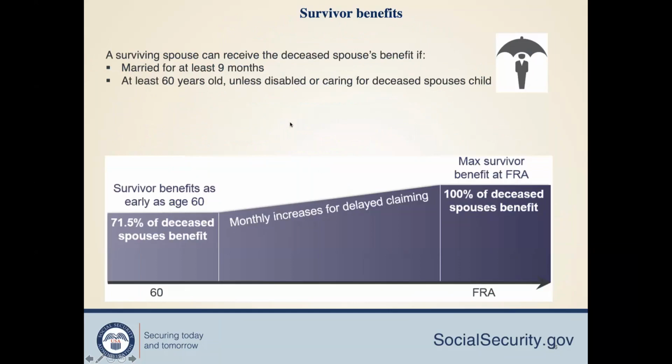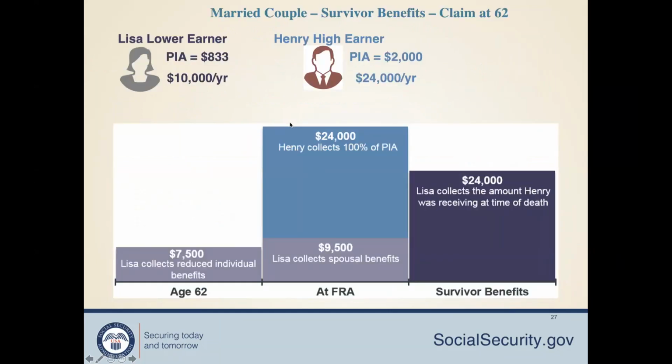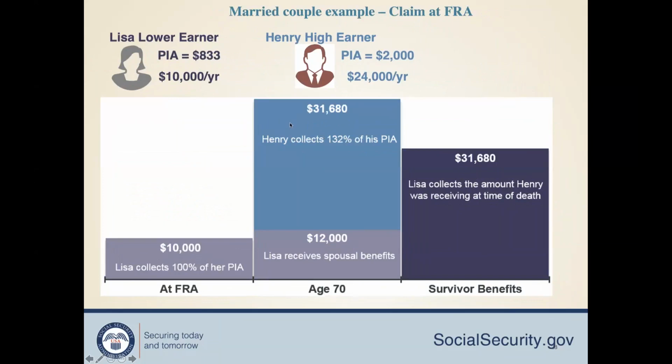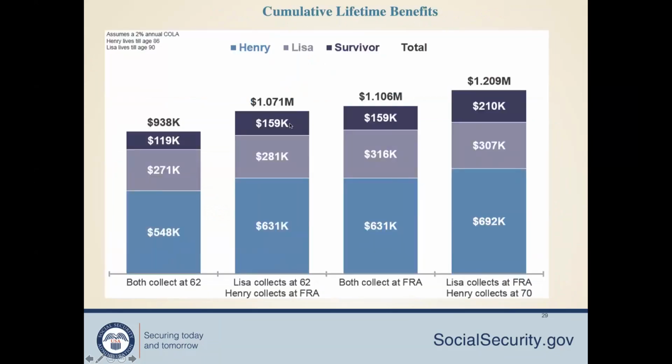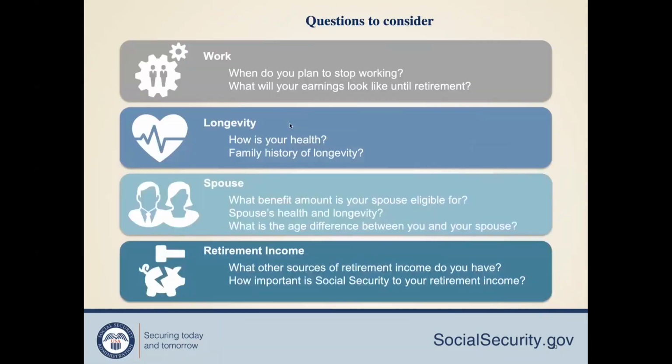Yeah, I think this is the same thing. The same example. Now, survivor gets only the higher of the two amounts, correct? Yeah, and not the full. Suppose you start claiming at 70, right?